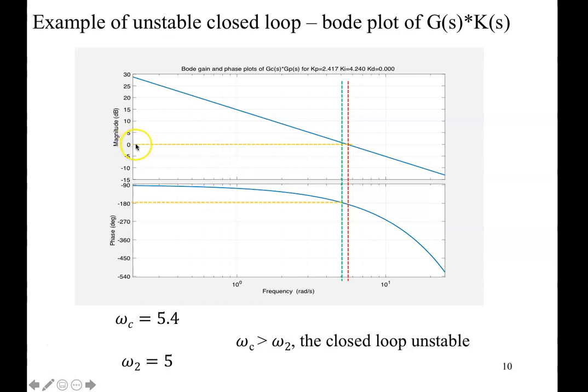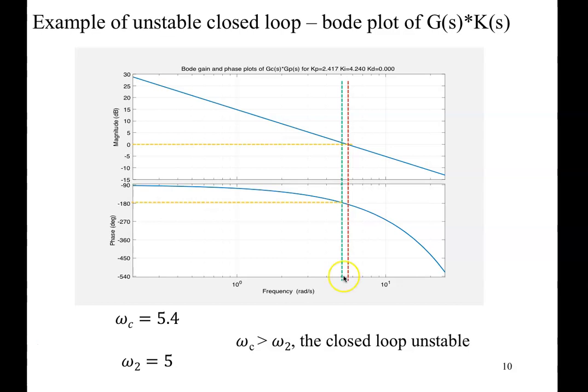So I'm going to draw a line from 0 dB all the way until it intersects with the blue line, the magnitude plot. And then I'm going to draw a vertical line there, and I'm going to read that value as my omega c. So 1, 2, 3, 4, 5, almost goes to 6. So let's say it's 5.4.